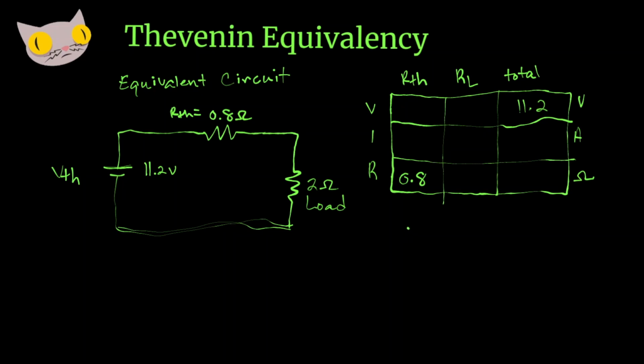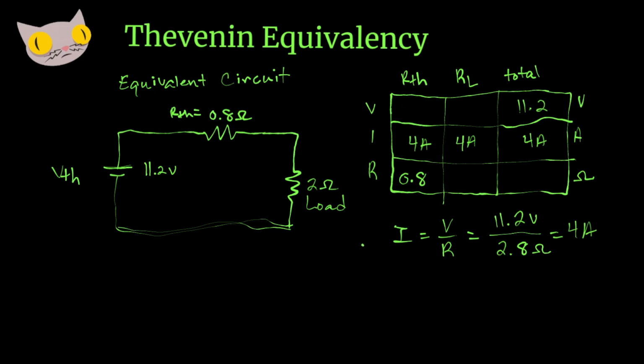So the current is just going to be V over R. So our voltage is 11.2 and our total resistance is 2.8, giving us our current, 4 amps. So we have 4 amps here and we have 4 amps all across the board. And we also know that our load resistance is 2, making our total 2.8.